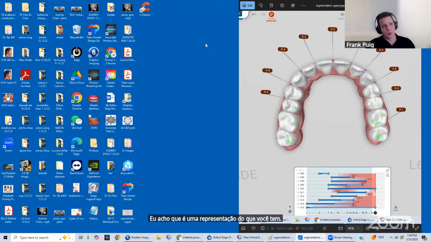Okay. Yeah. I mean, we're working on segmentation. The segmentation is ready. We just need to place the tools so that you can interact with it in the software. So we expect to release something very, very soon.